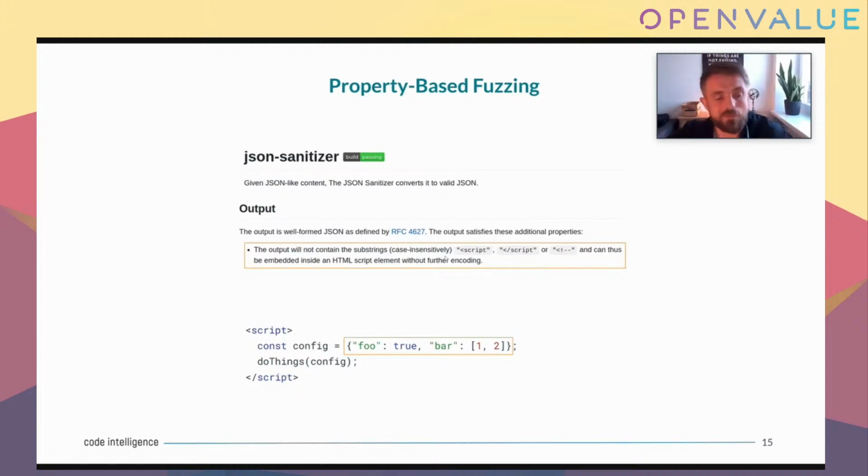Now, where is the JSON Sanitizer usually used? You have a script in your HTML. You are expecting that you will load some specific JSON input, something like foo, bar, and whatever you put into that JSON. And then you do some specific things with the config.